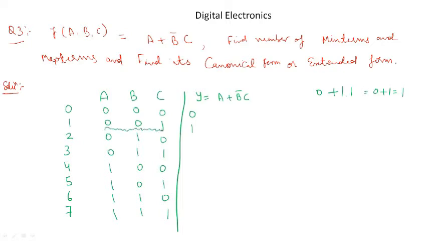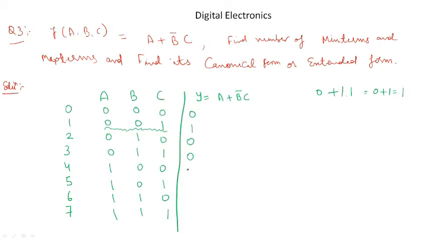So this term will produce output 1. Now the input 0, 1, 0 will produce an output 0. Similarly 0, 1, 1 will produce an output 0. Now for 1, 0, 0, because the expression is a plus b bar c, if our a is 1, then whatever our b and c, we will always have the output 1.